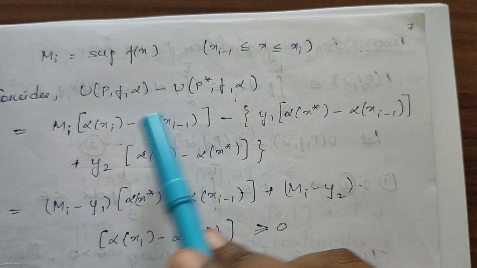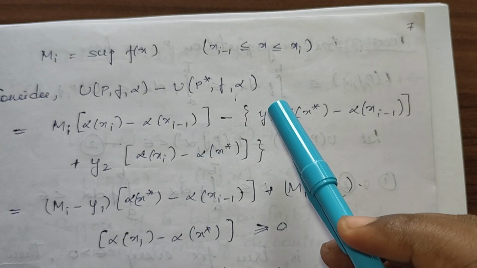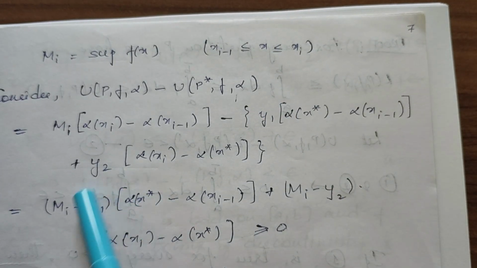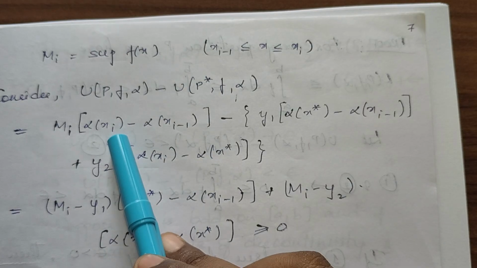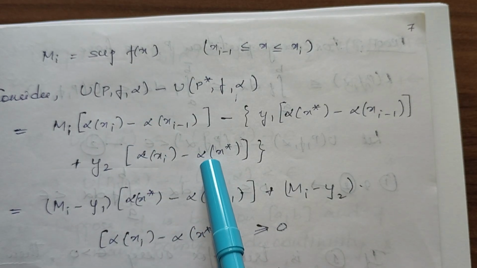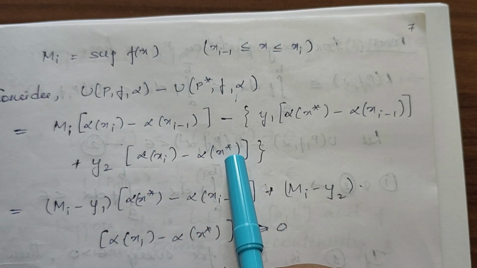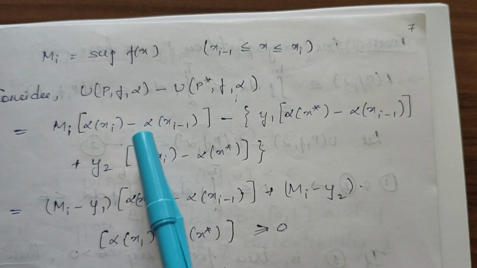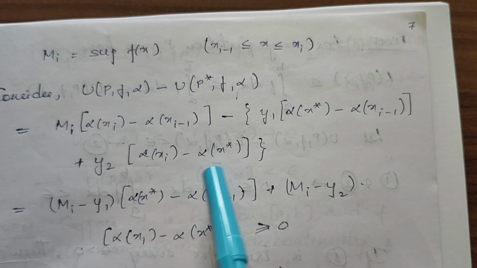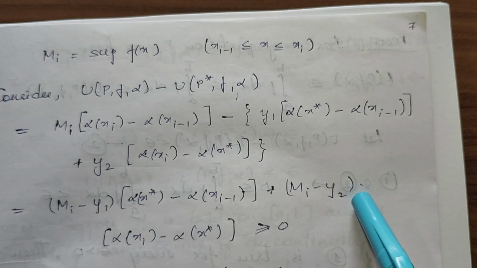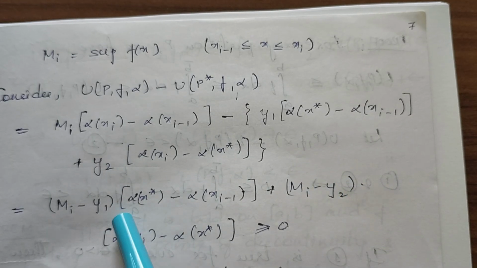Okay, and the remaining terms will get cancelled, as we did previously. And that is equal to, here also I'll do the same thing. I will add and subtract alpha of x star, and I will take mi minus y1 as common for this term and mi minus y2 as common for this term.